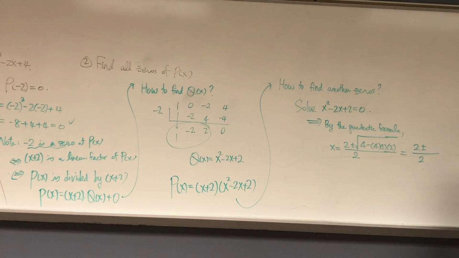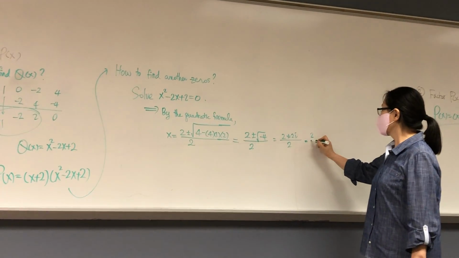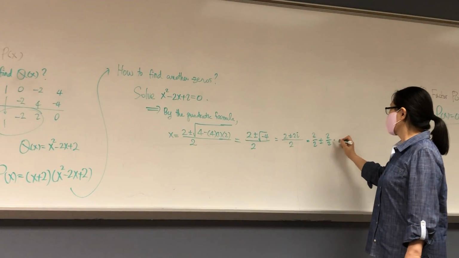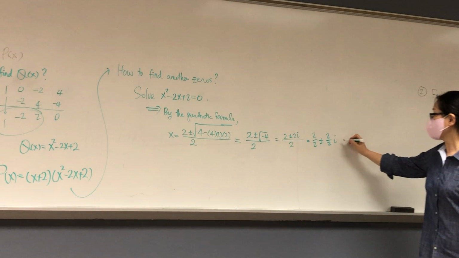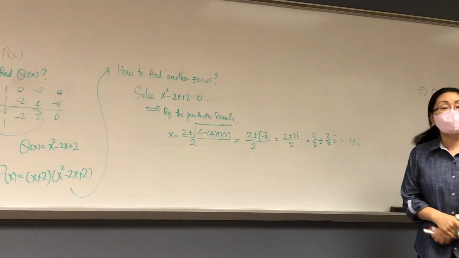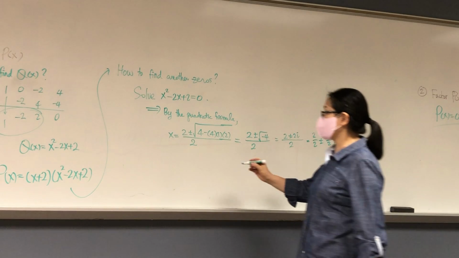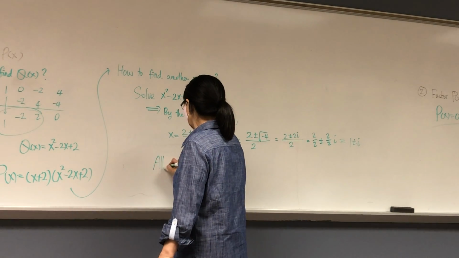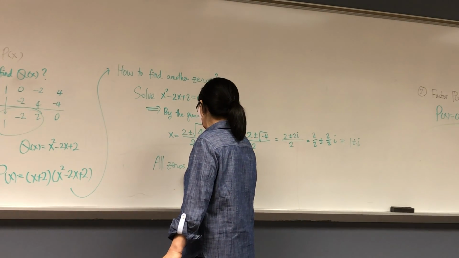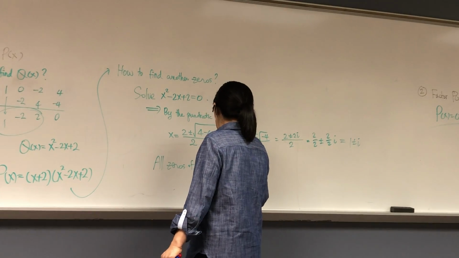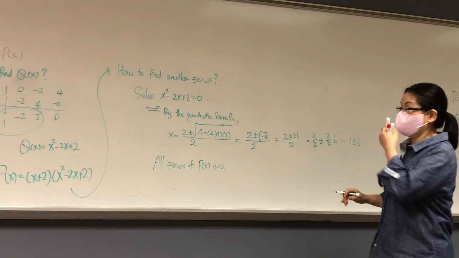Negative 4, so 2i. And then break down. Again, college algebra, repeating. So what are your zeros?